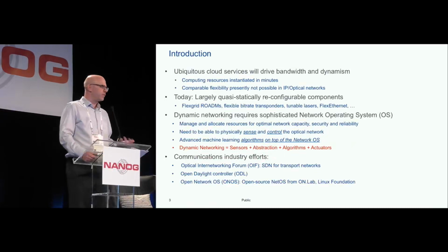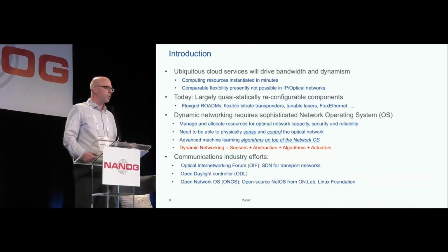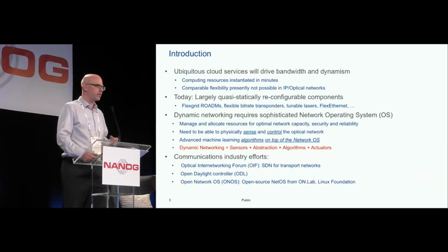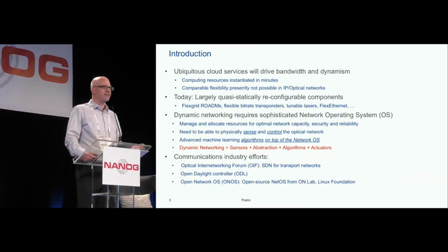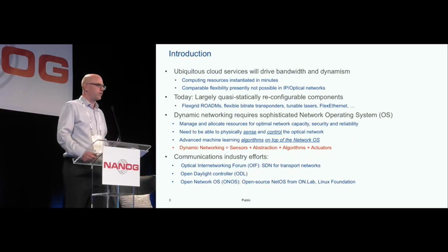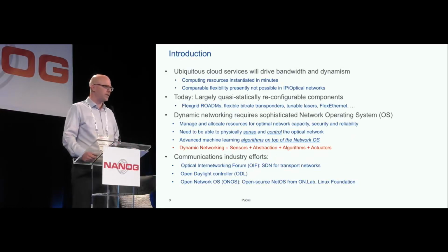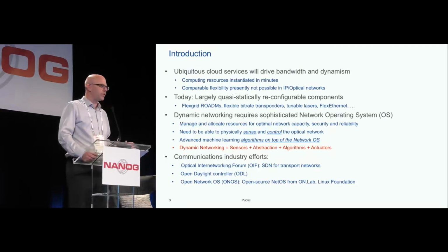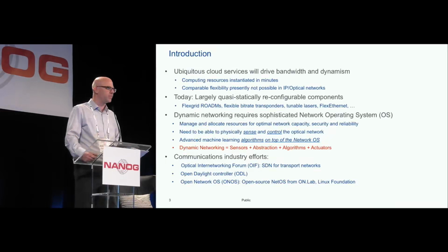So we have this situation where the hardware is becoming more flexible. We have FlexGrid ROADMs and flexible bitrate transponders that I'll be discussing, but they're largely quasi-statically configured and not really dynamically configured. So dynamic networking requires a sophisticated network OS to control the network. We need to manage and allocate resources for optimal network capacity, security, and reliability.